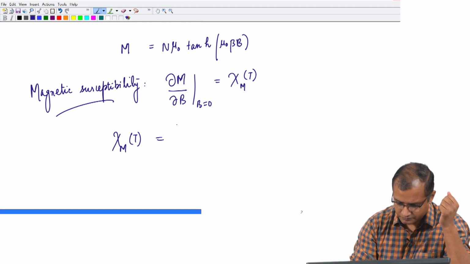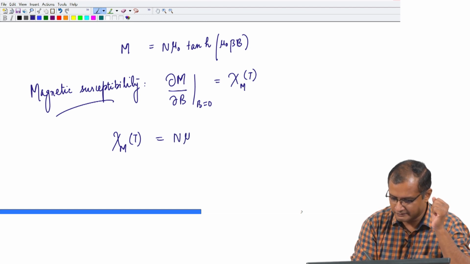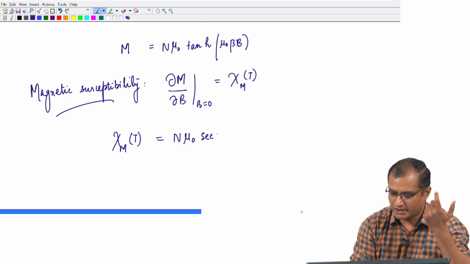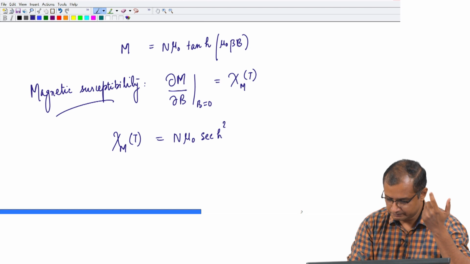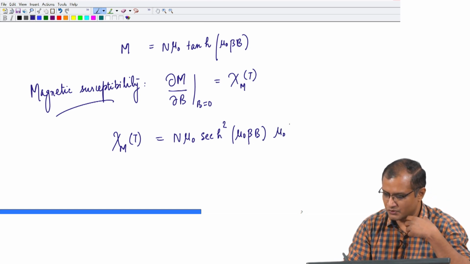So, you can complete the derivative. This is a constant prefactor. Tangent hyperbolic becomes a secant hyperbolic square of mu 0 beta B, and to complete the derivative I have a mu 0 into beta outside.